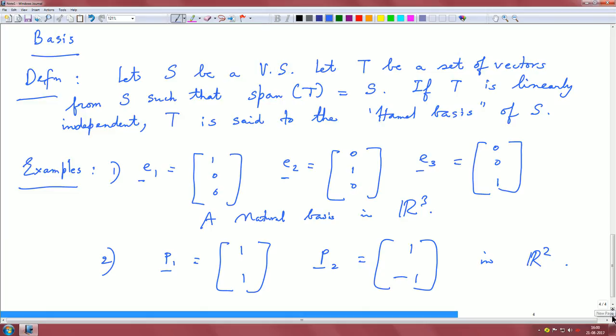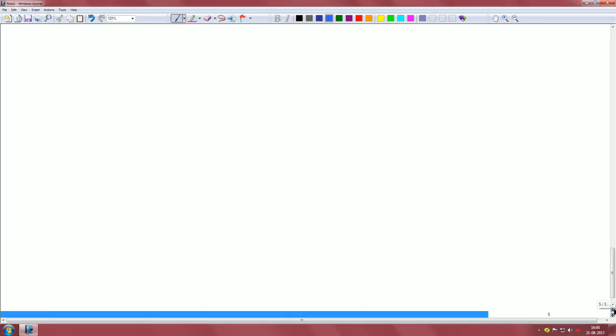So, with this notion of what a basis is, we are ready to prove a theorem which says that if T1 and T2 are the Hamel basis for a vector space S, then T1 and T2 have the same cardinality. So, we will prove this result, and this has important consequences.